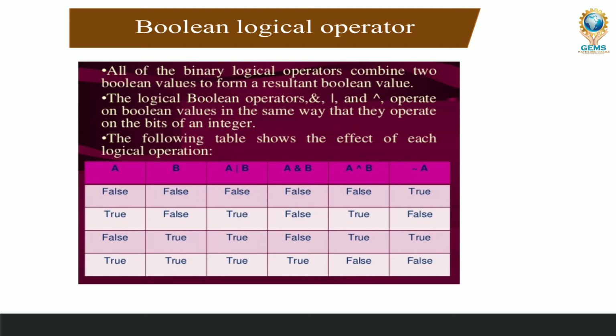All are given here: A, B, the OR operator, AND operator, implies, negation. In the AND operator, when both are true, then only the output is true. In all remaining conditions, it is not true.